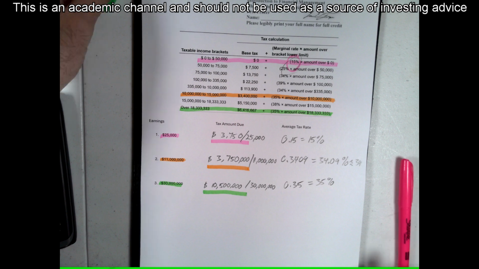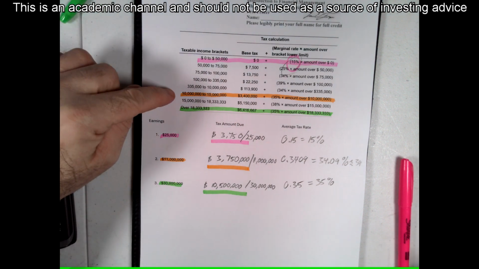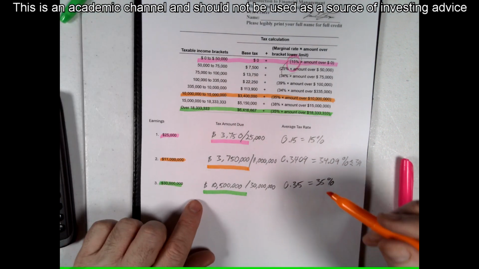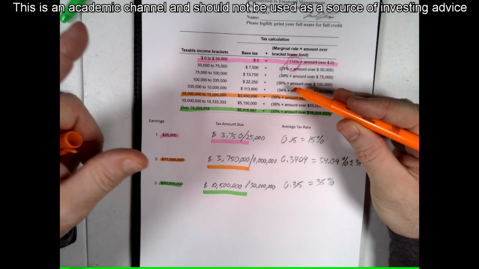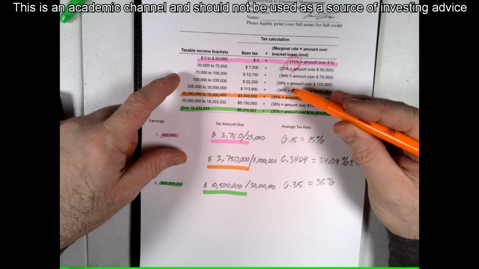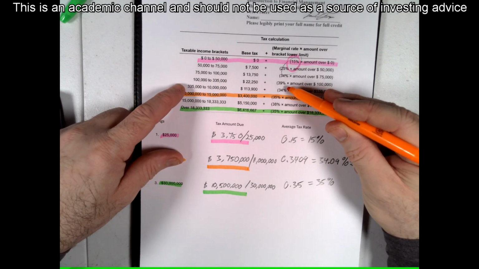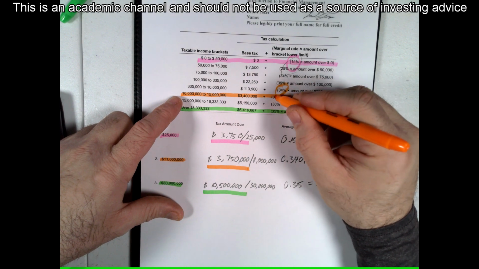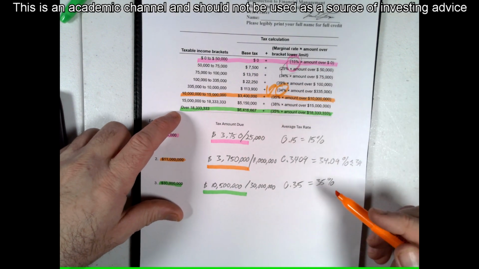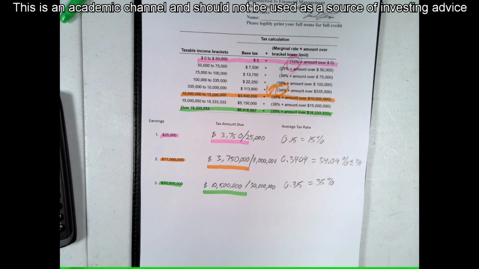We can see that our earnings between 10 million and 15 million is about 34%. 10 million, or almost 90% of this was taxed at a 34% rate. So that makes sense. And then over 18 at 35%.